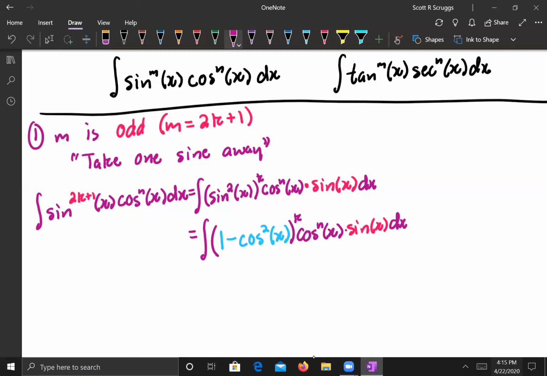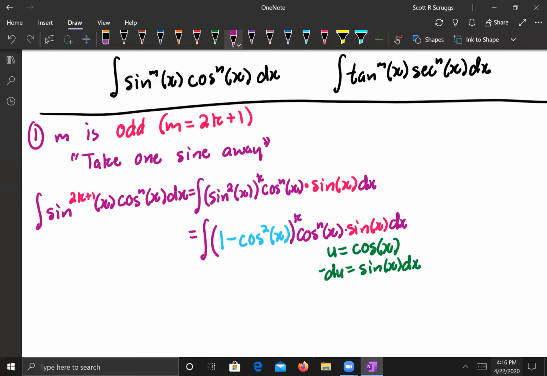And the reason why I want to substitute in 1 minus cosine squared for sine squared is my overall strategy: after that step, I want to do a u sub, where u is cosine of x. And then you'll have negative du is equal to sine of x dx.